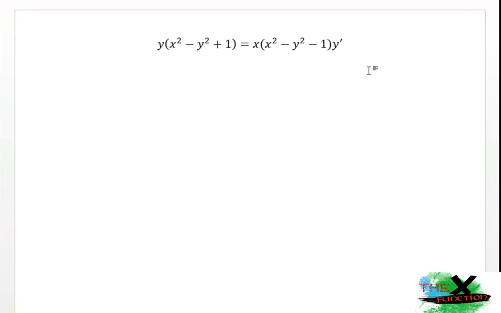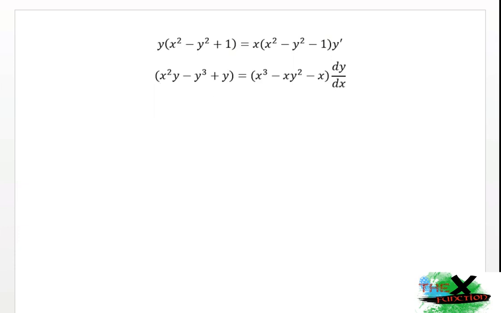Since y prime is also equal to dy over dx, we have to substitute dy over dx for y prime. So we now have x squared y minus y cubed plus y is equal to the quantity x cubed minus xy squared minus x, times dy over dx.